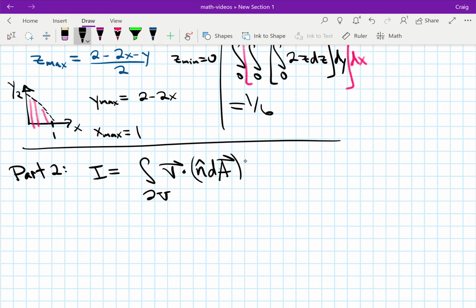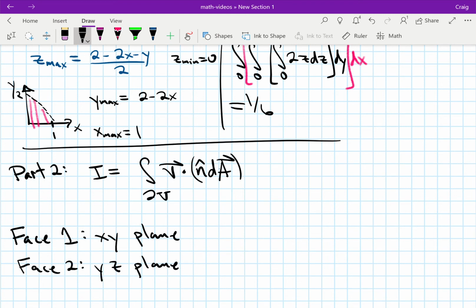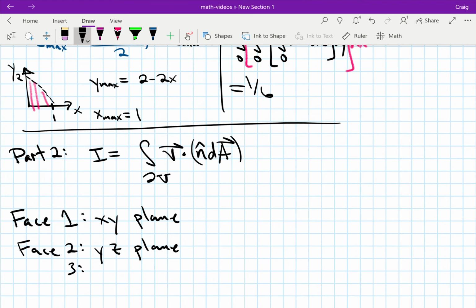Let's give them names. So face 1 is the xy plane. Face 2 is the yz plane. Face 3 is the zx plane.